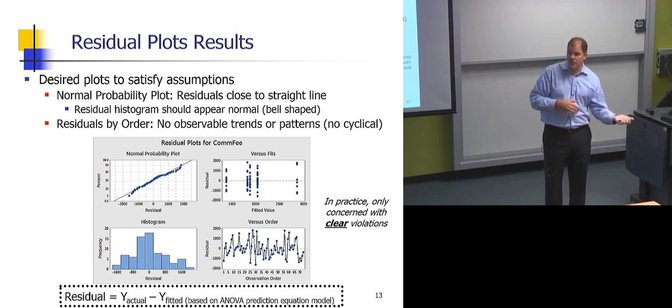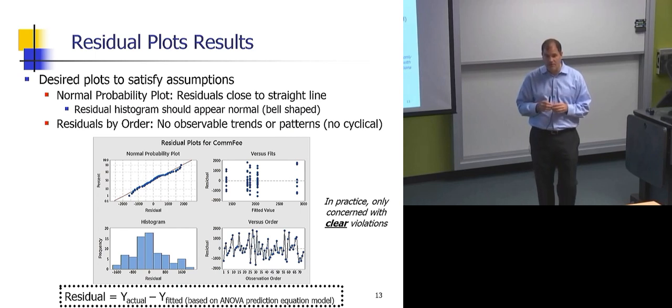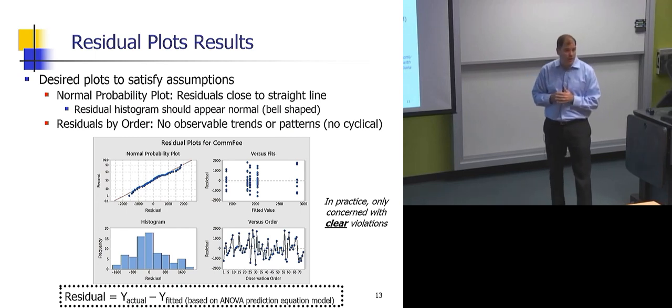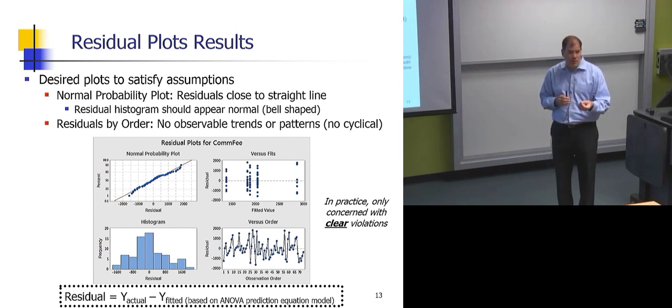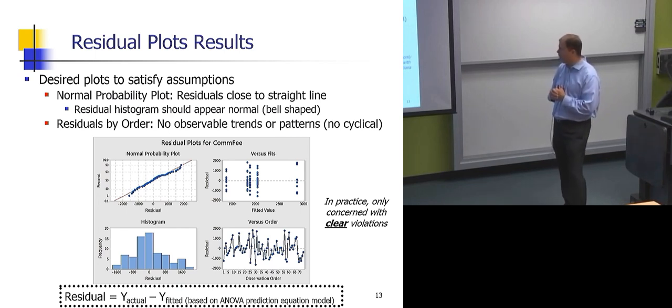From that model, if you tell me X, I'll predict Y. But if I know what the actual Y was, I can compare Y actual to Y of the fitted model. The difference between that is called the residual. If the model fits the data perfectly, the residual equals 0. You will get residuals that go above and below 0. This is by definition. It's like a best fit line through data, some above, some below that best fit line. We want these residuals to have certain properties.